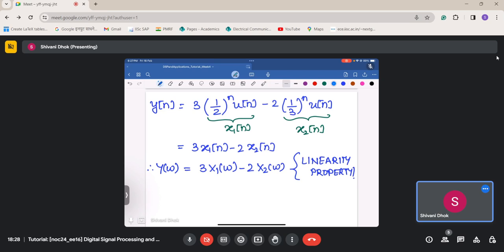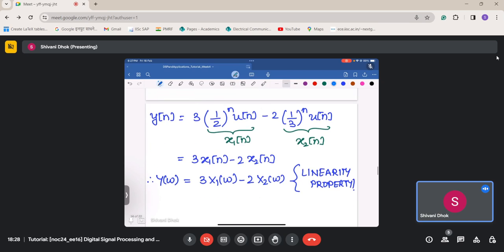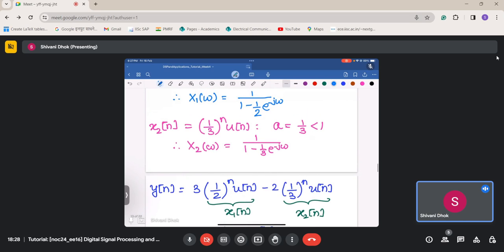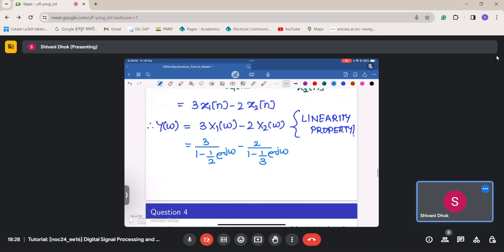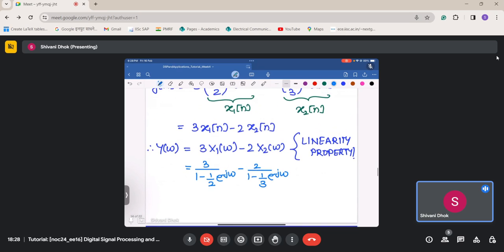Okay, so let us substitute this X1 of omega and X2 of omega here. So this X1 of omega is 1 upon 1 minus 1 by 2 into e power minus j omega, and X2 is 3 upon 1 minus 1 by 2 into e power minus j omega minus 2 upon 1 minus 1 by 3 into e power minus j omega. So let us simplify this.